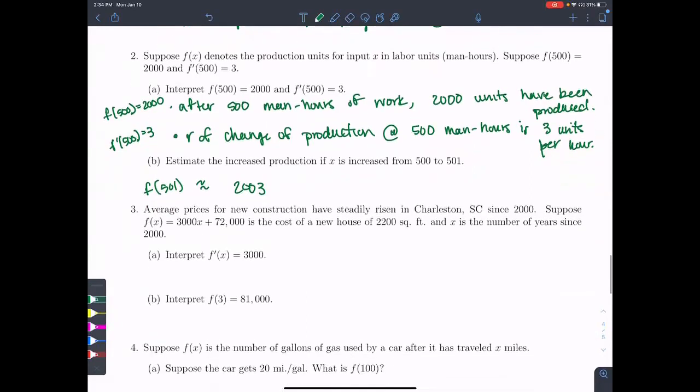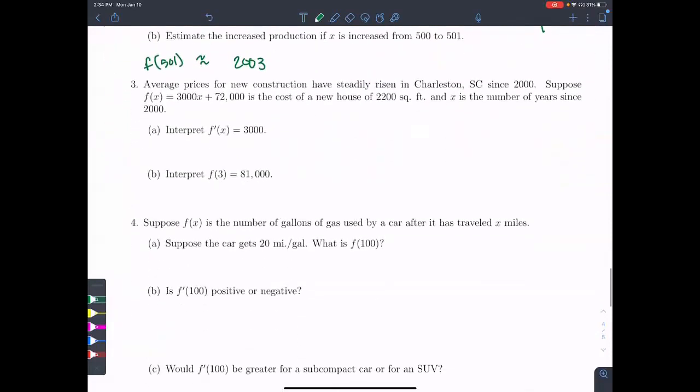Okay, then let's see, average prices for new construction have steadily risen in Charleston, South Carolina since 2000. Suppose f of x equals 3,000x plus $72,000 is the cost of a new house of 2,200 square feet, and x is the number of years since 2000. F prime of x equals 3,000. We're to interpret this. So the instantaneous rate of change, x years after 2000, is $3,000.